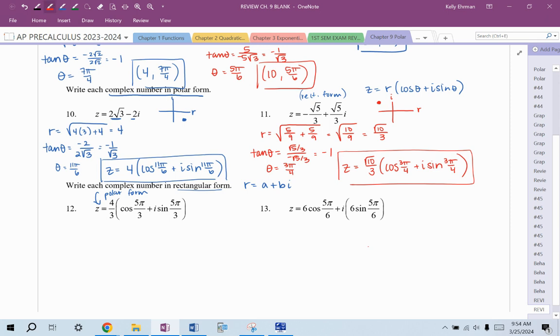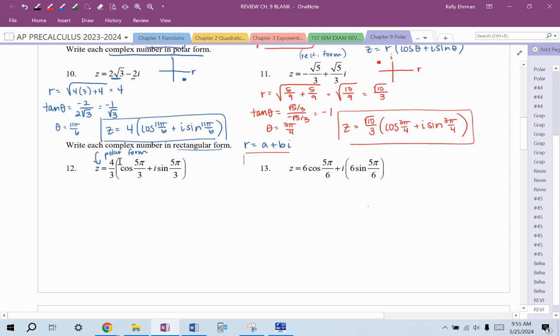All right. So this should be the easier version. Start in polar form and get into rectangular form. That just means clean this up, like get rid of the trig by evaluating and get rid of the parentheses by distributing. So z is equal to 4/3 times the cosine of 5 pi over 3. So again, I'm thinking of what's the pi over 3 coordinate? It's 1/2, radical 3 over 2, and I'm in quadrant 4.